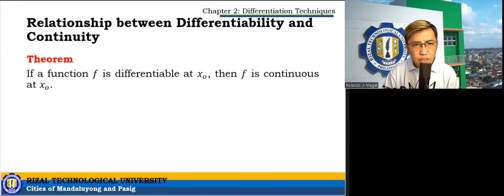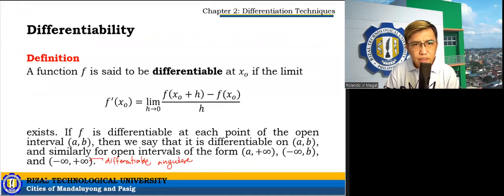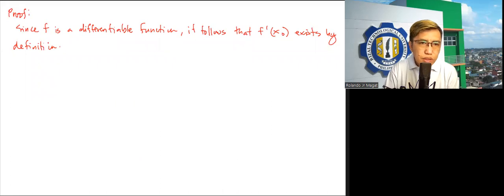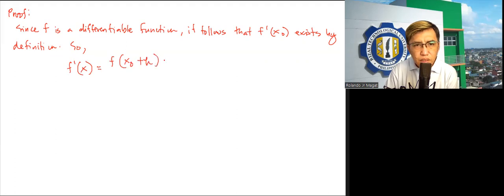We have shown that a while ago. F prime of x naught exists if f is a differentiable function. Now, we can say that f prime of x is equal to f of x naught plus h minus f of x naught all over h.